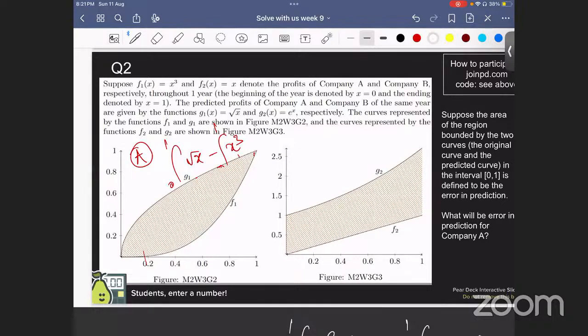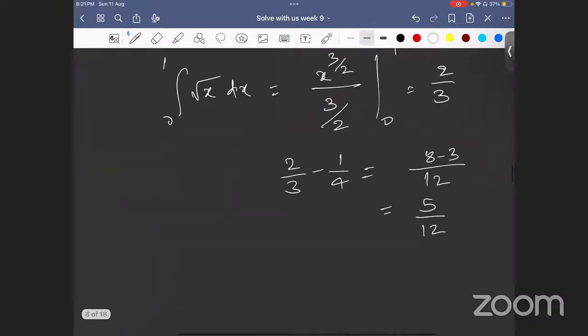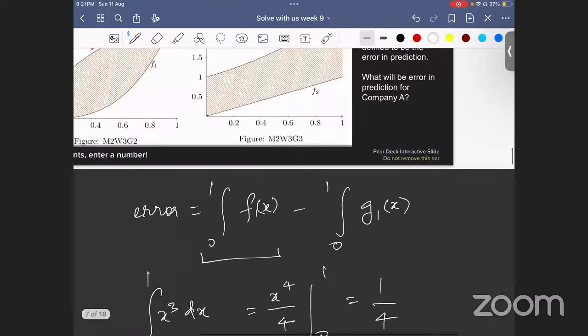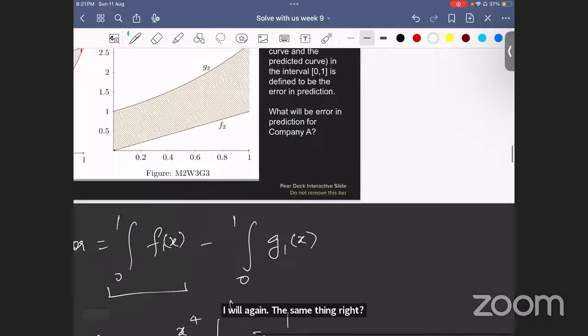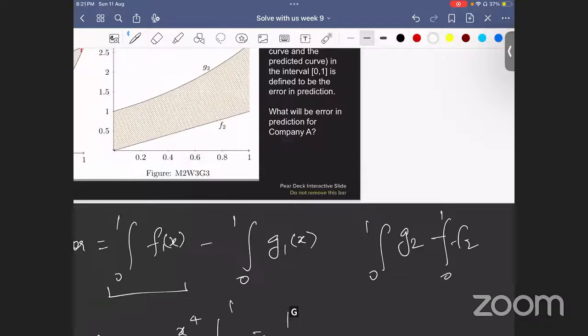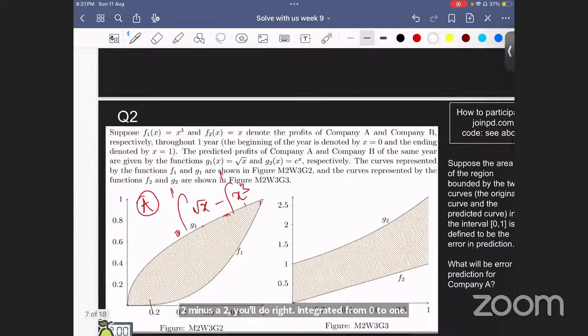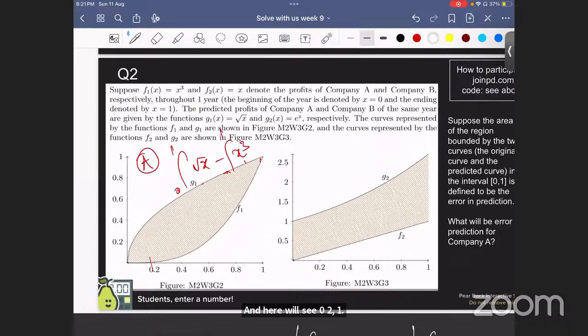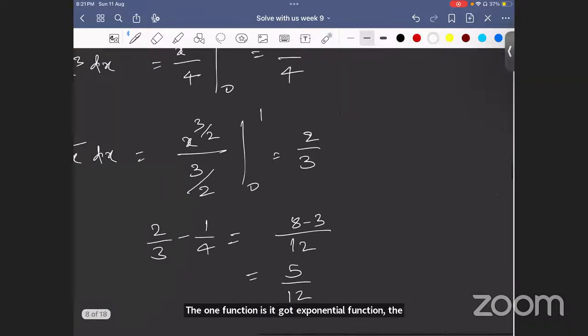How will you solve? Again, the same thing, right? So here, basically, what will you do? You have been given g2 minus f2, you'll do, right? Integrated from 0 to 1, and here also 0 to 1. So the functions are what? The one function is the exponential function, and the other is the normal x function. Correct.